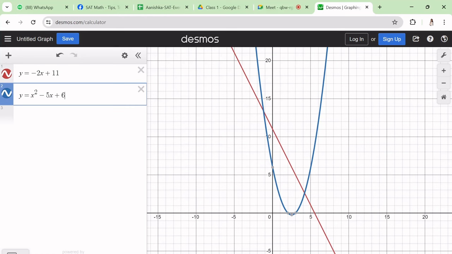You plot the equation of the line and the equation of the parabola, and you'll get the points of intersection and also your solutions. So the two solutions are negative 1.206 and 4.21. Okay, are we good?